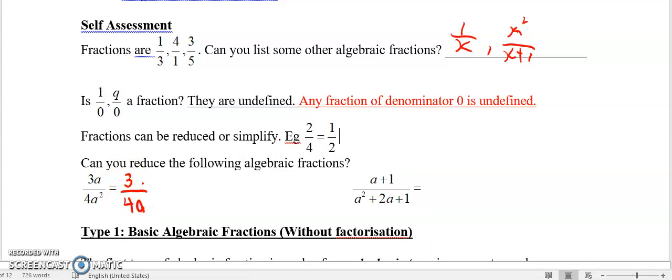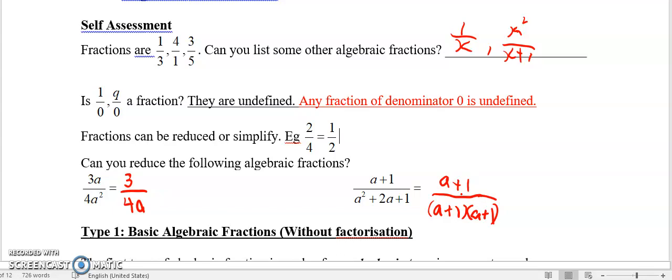For the next example, we have a quadratic expression in the denominator. In such a case, we will usually factorize the quadratic expression.